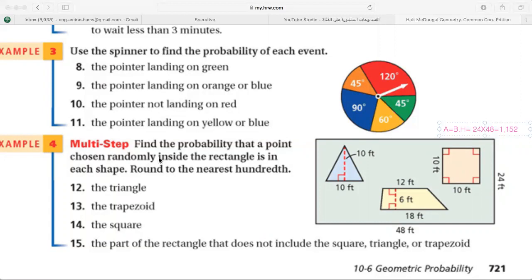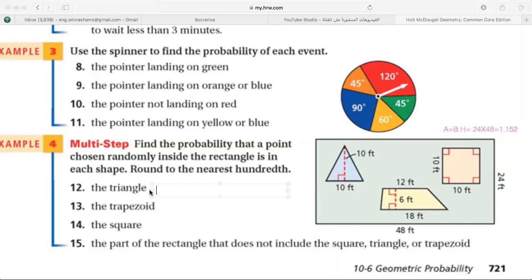Okay. So find the probability that a point chosen randomly inside the rectangle is in each shape. So it is inside the triangle. The point is inside the triangle, so I must get the area of the triangle.